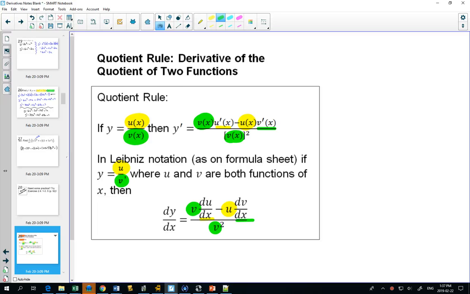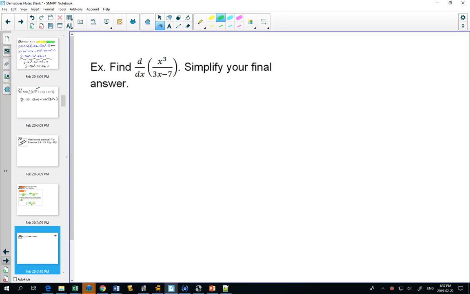So what does this look like in some questions? What is the derivative of x cubed over 3x minus 7? Simplify your final answer. So our derivative will be keep the bottom the same.